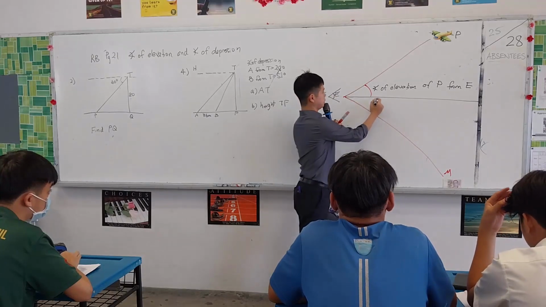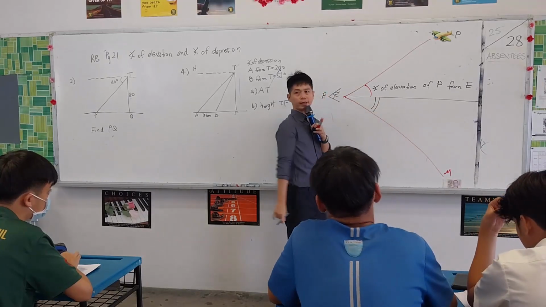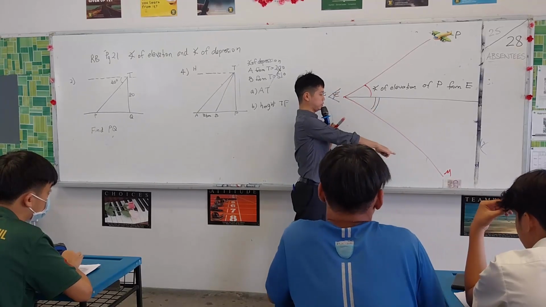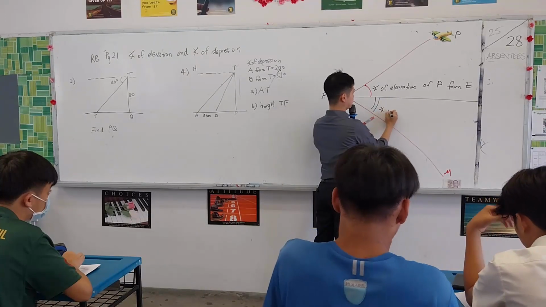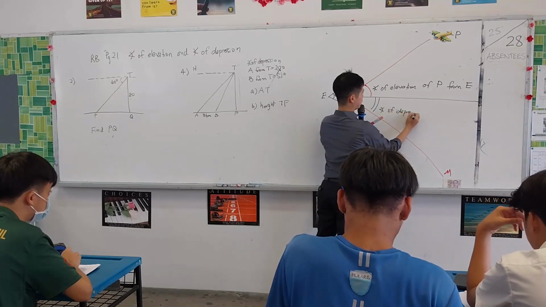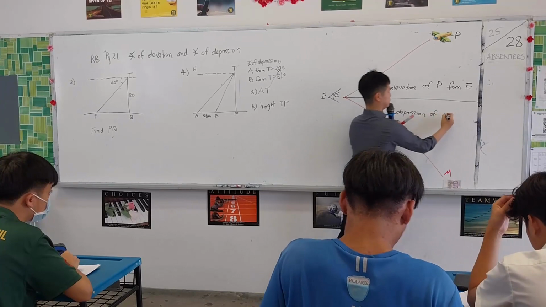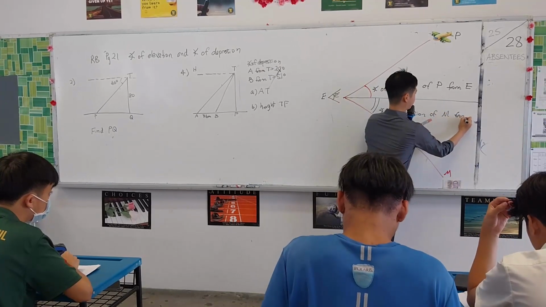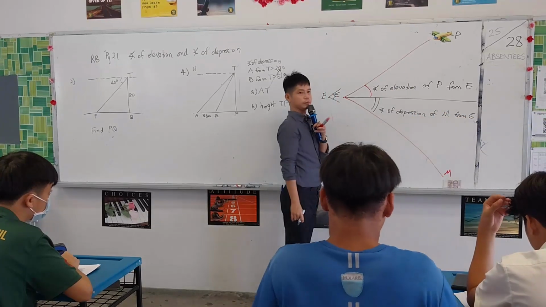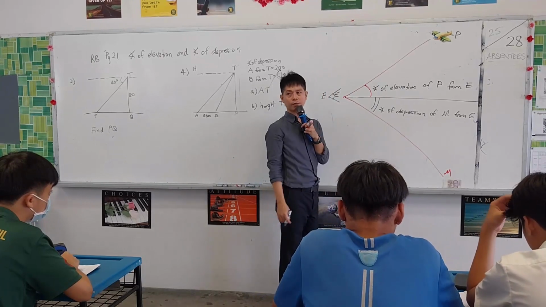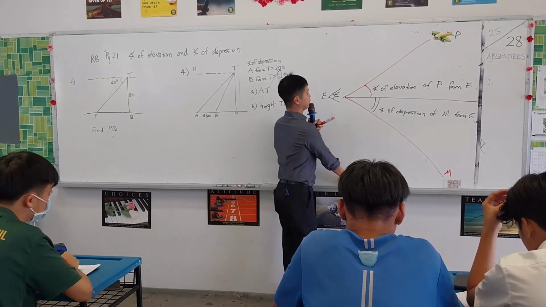And this angle now, from the horizontal eye level, I look down. So this will be called your angle of depression of the money from my eye level as well. All right? So that is the concept of angle of elevation and depression.